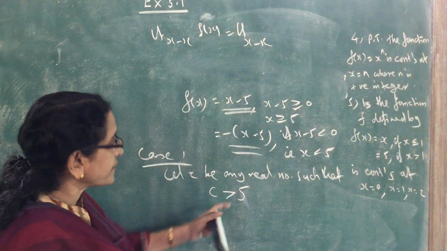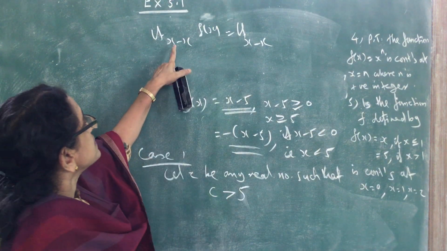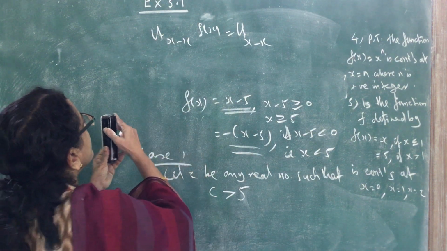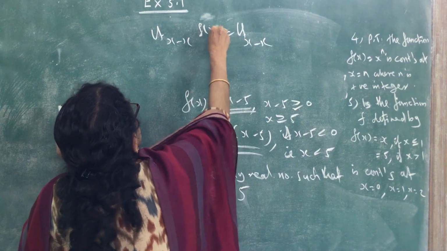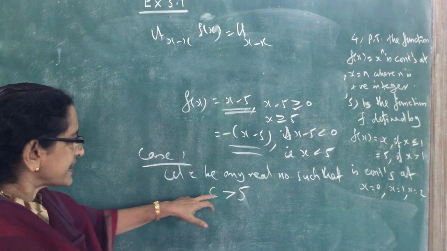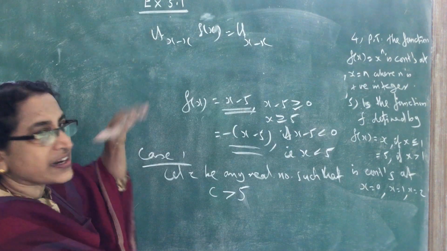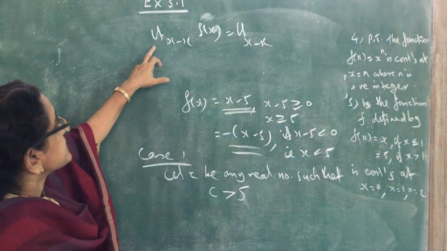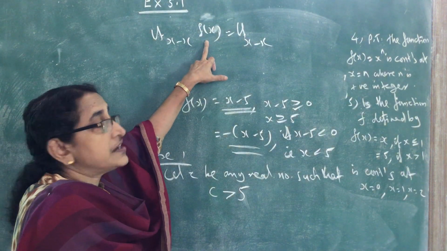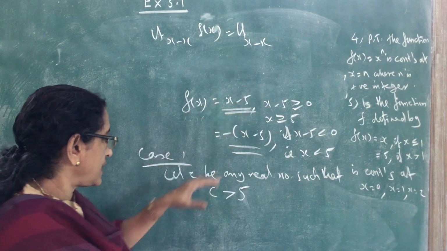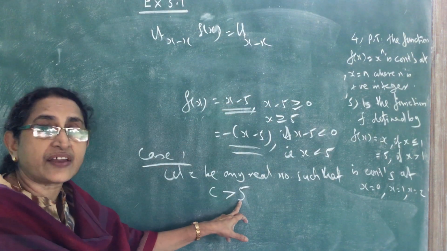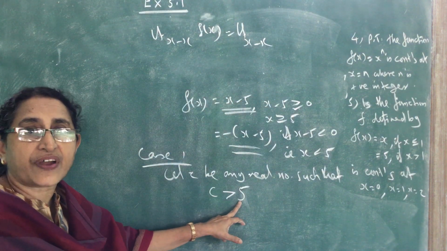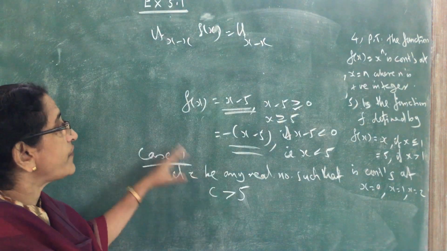So when c is greater than 5, what is the value of the function f of x when we are finding the limit x tends to c, f of x? C is a number greater than 5. So when x is greater than 5, what is the value of the function?